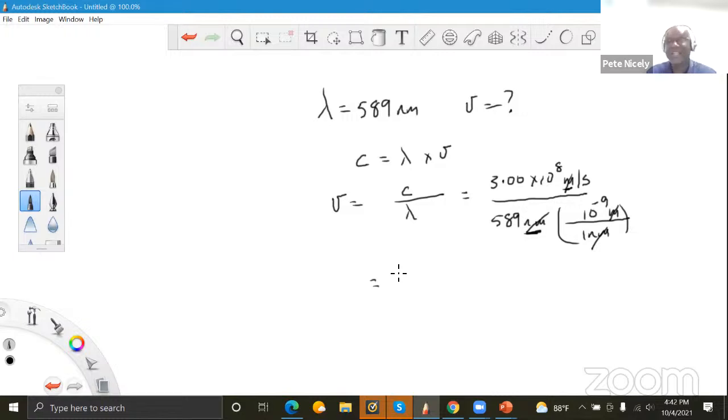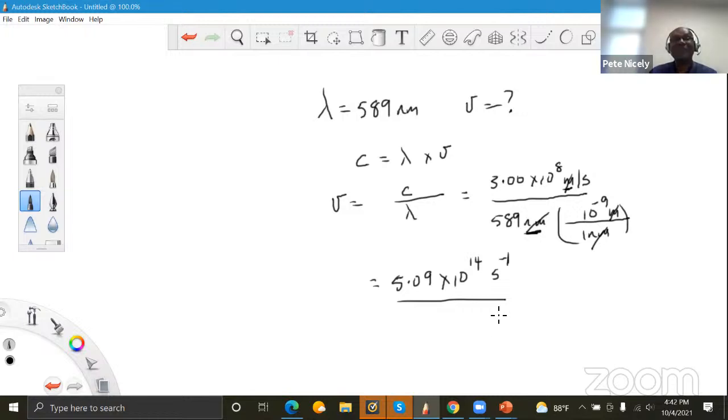And according to my calculations, and the answer will have to be rounded off to 3 sig figs, this works out to be 5.09 times 10 to the 14. And the units here would be seconds to the minus 1, or if you want to use Hertz, that's fine as well. But this would be the answer to that first question. All right? Any questions about this particular example?